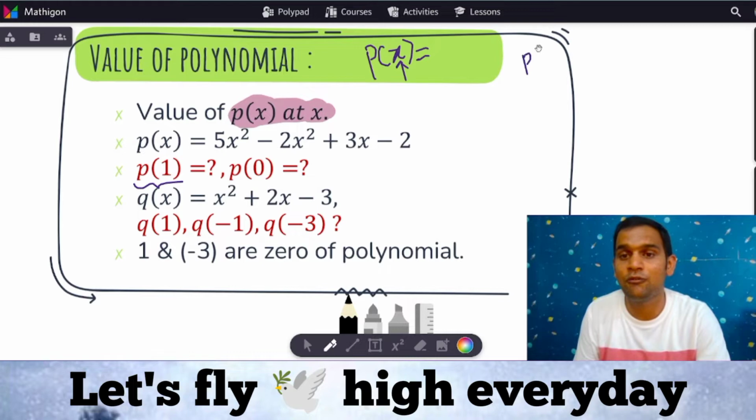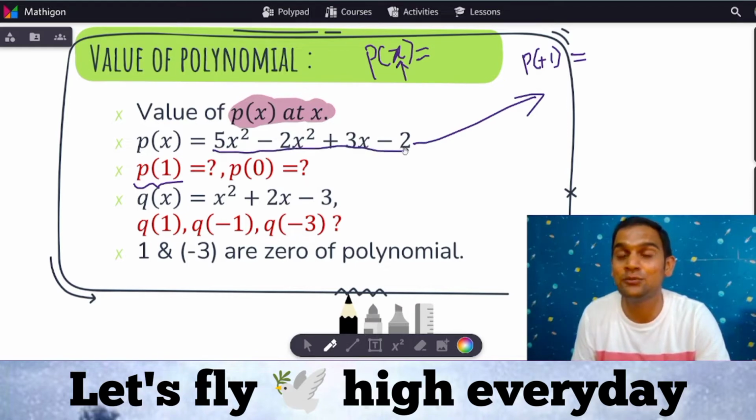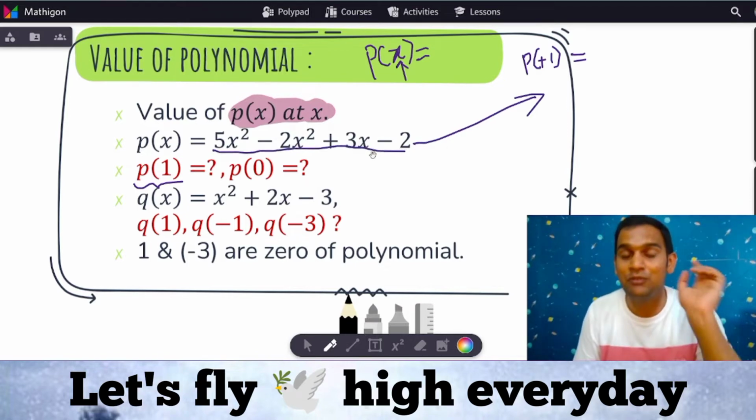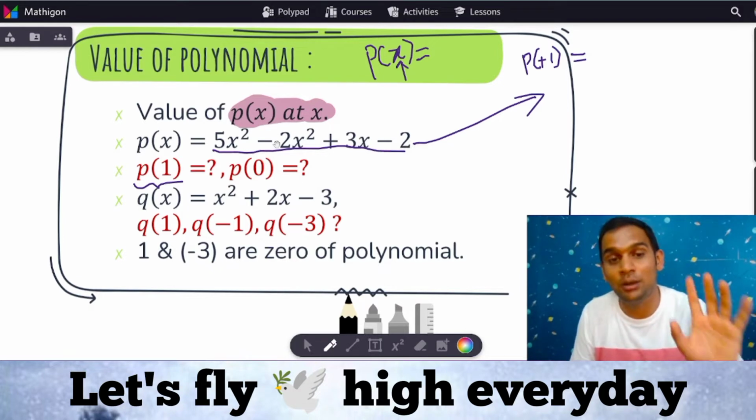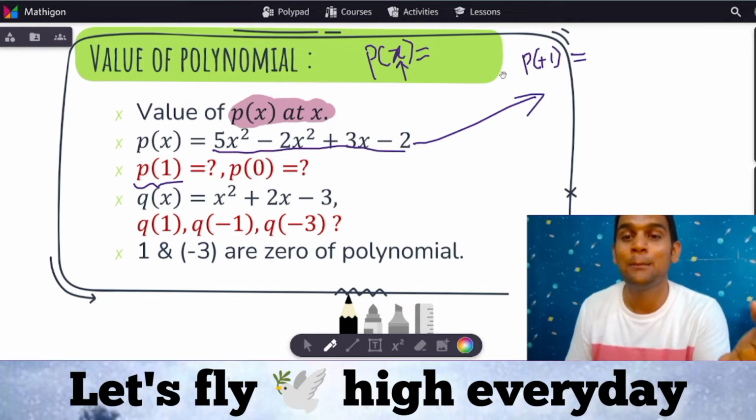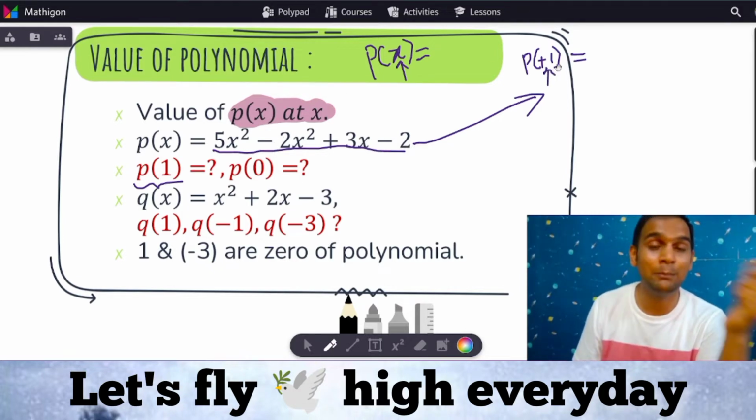So p of 1 equals, I'm sorry, I wrote minus 1, it should be plus 1. So p of 1, how do we substitute it here? Wherever we have x in this polynomial, we will substitute that by 1 because we are finding p of 1.